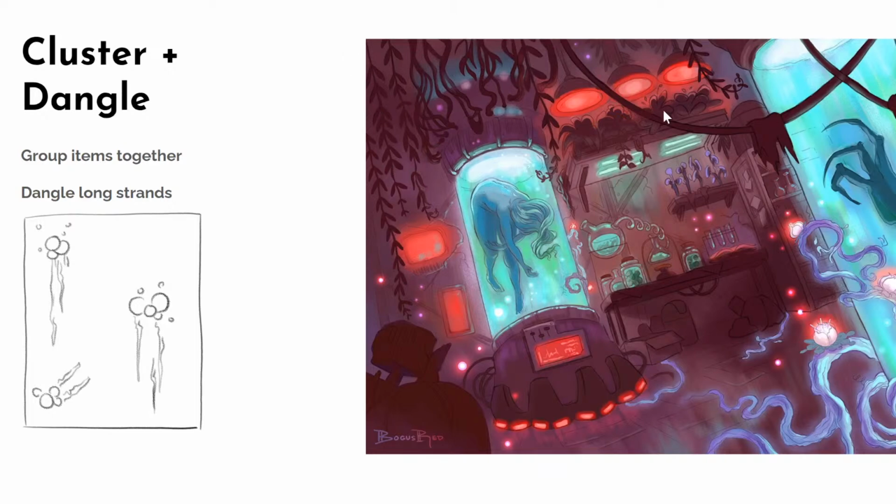I've also got some other pieces coming in from the bottom here. But I'm grouping things together. So that's what cluster and dangle is. You don't have to use both together. You can just use the cluster technique, or just the dangle technique. But the two together can also be very nice.